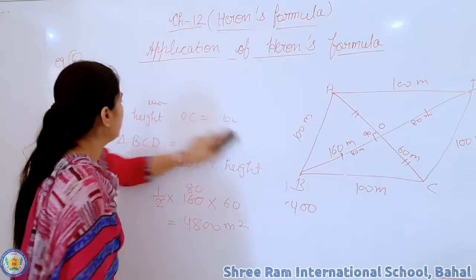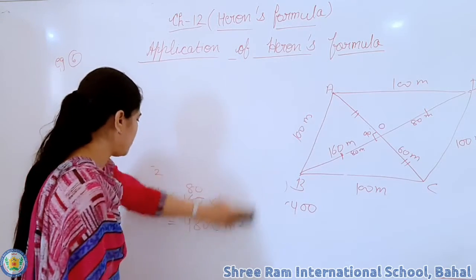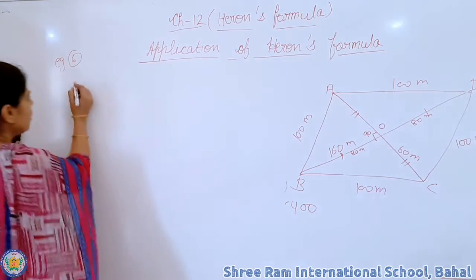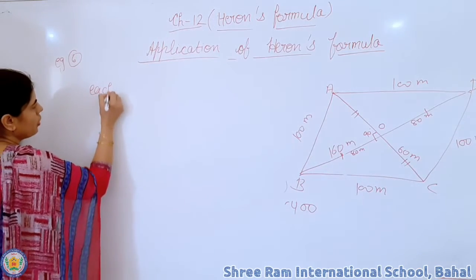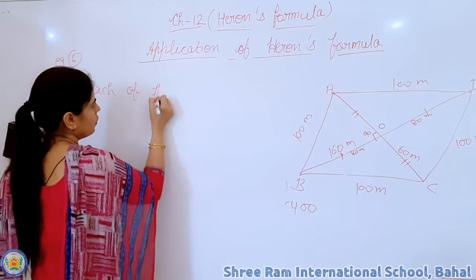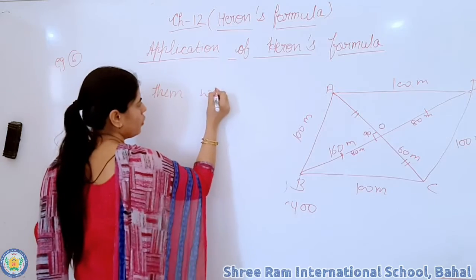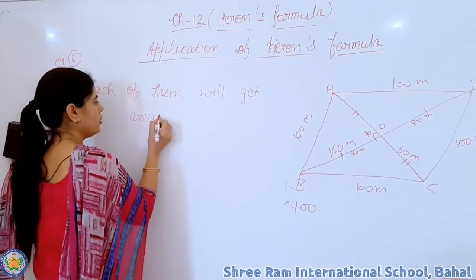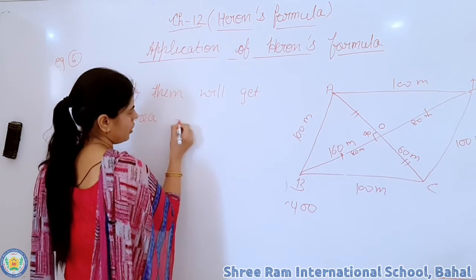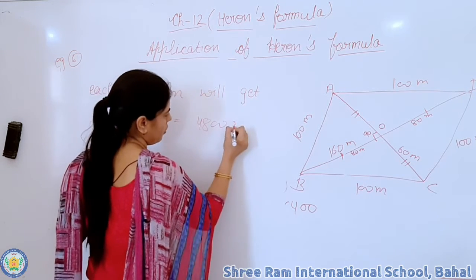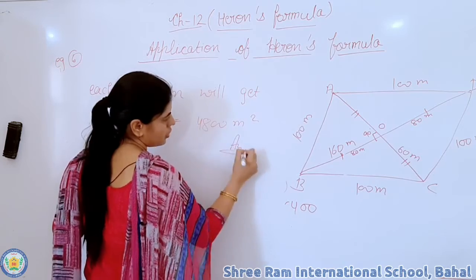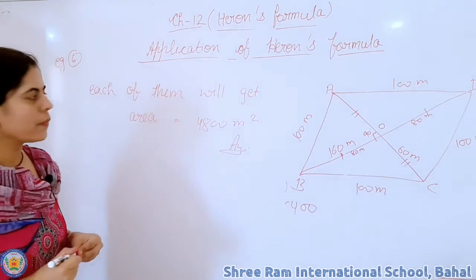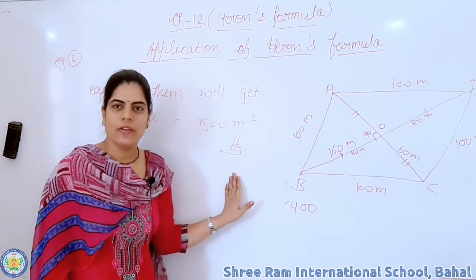So at the last we can say that each of them will get an area equal to 4800 meter square. This is the answer. I hope you understand very well.